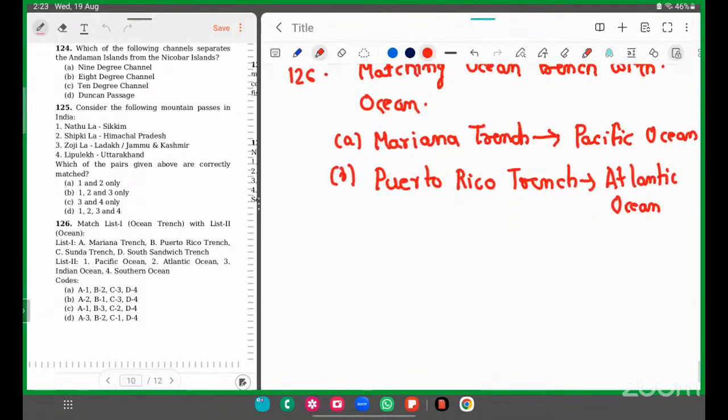Then C, Sunda Trench, there in Indian Ocean.